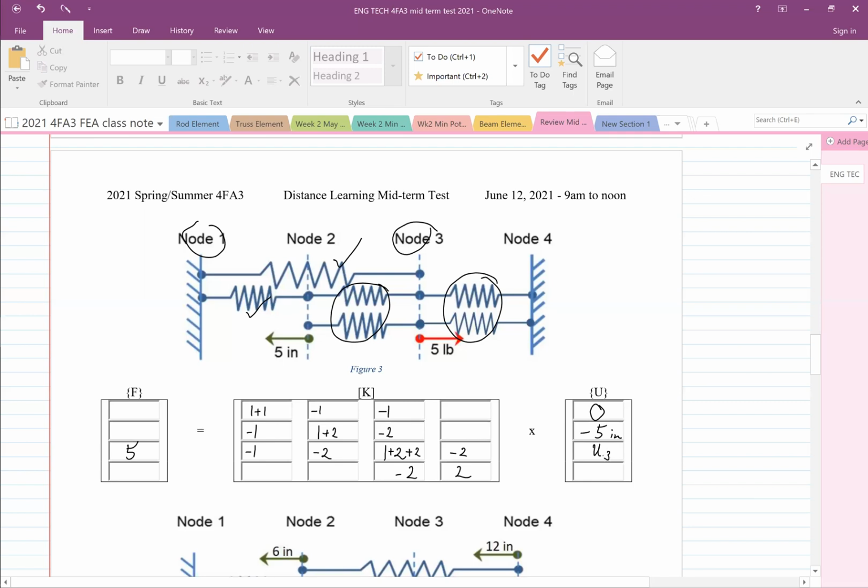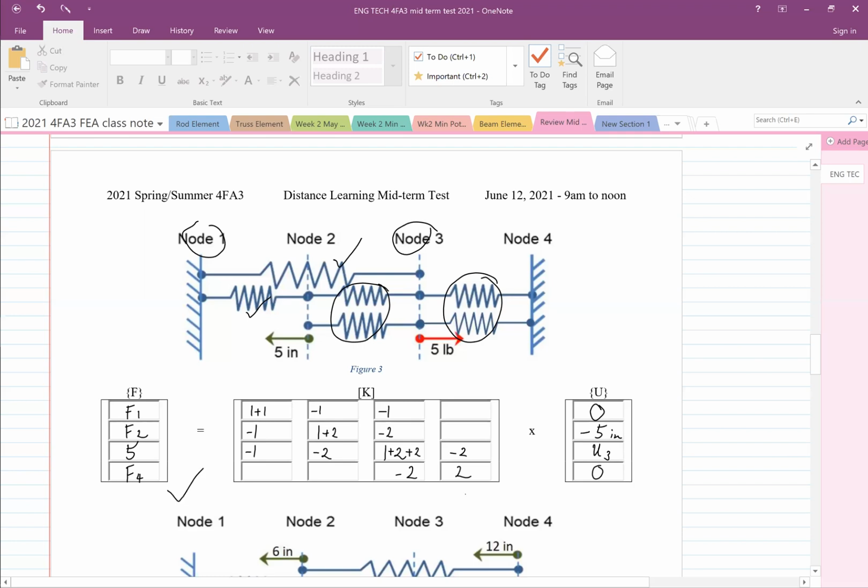And Node 4 is 0 as well. Because on the right side the displacement is fixed, so there will be a force on F1, and there will be a force on F2 as well, and finally there will be a force on F4, Node 4.